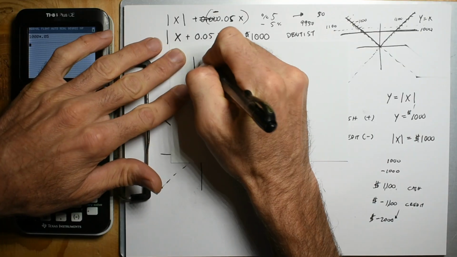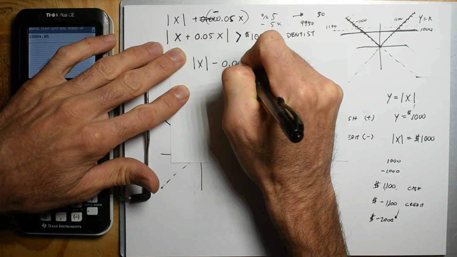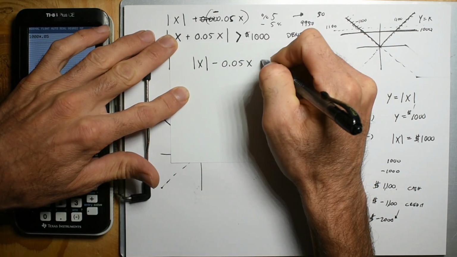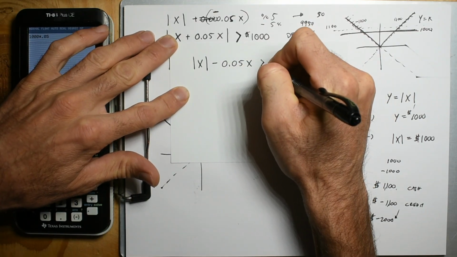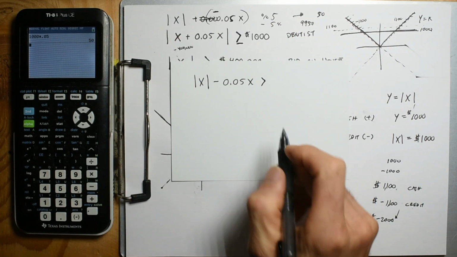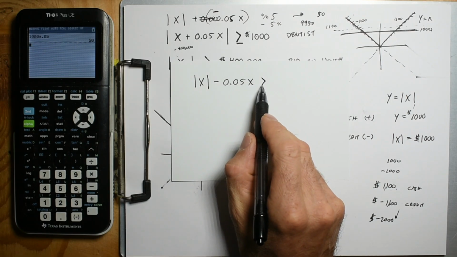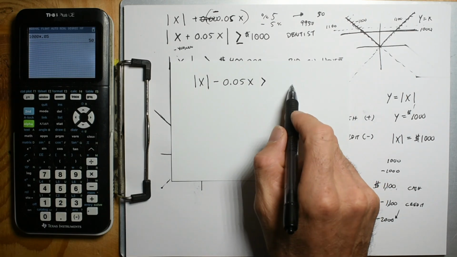So I'm going to pay the dentist x minus 0.05x, and that has to be greater than. This is where this part can go to the other side.